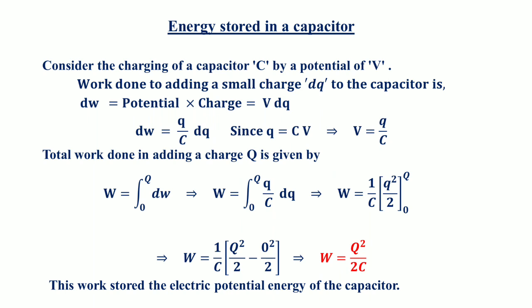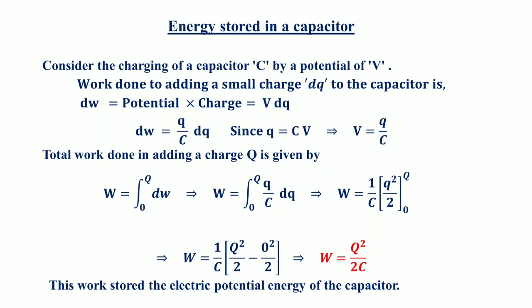Then we use our usual equation of integration. We studied integral x raised to n dx is equal to x raised to n plus 1 divided by n plus 1. Here instead of x, q, and instead of dx, dq. N is 1 here, so we get q square by 2 as the result of integration.